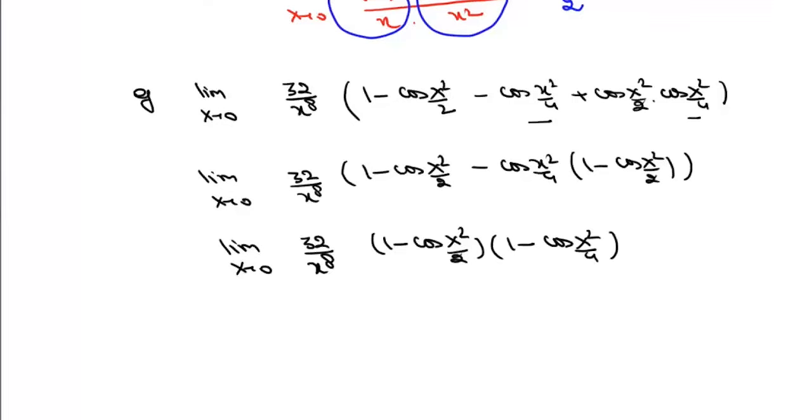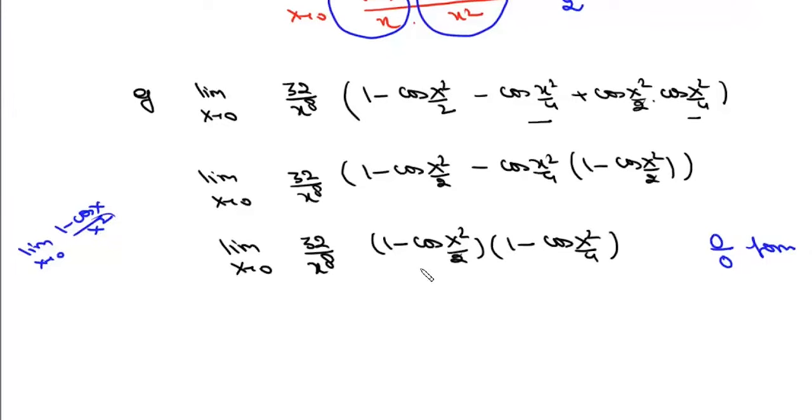Now the first thing is identify its form. Now cos 0 is 1, 1 minus 1 is 0 upon x to the power 8 will be 0. So this is 0 upon 0 form, and if we look at this, we see there is a standard limit, which is limit x tends to 0, 1 minus cos x upon x square. Now here, rather than having x, we have f(x), and this f(x) is x square upon 2.